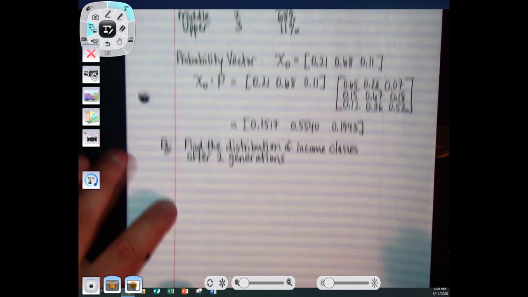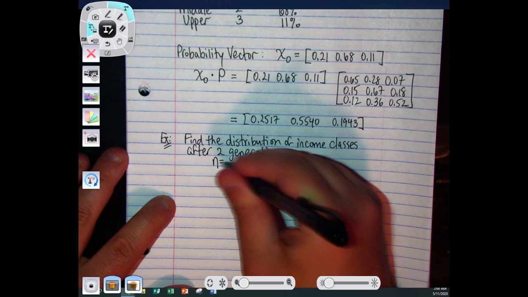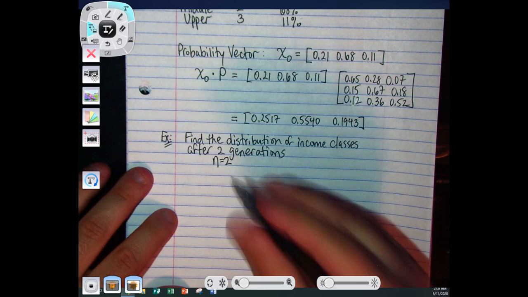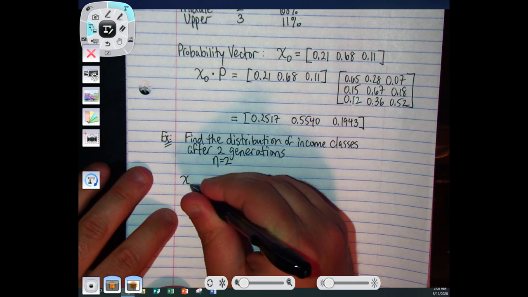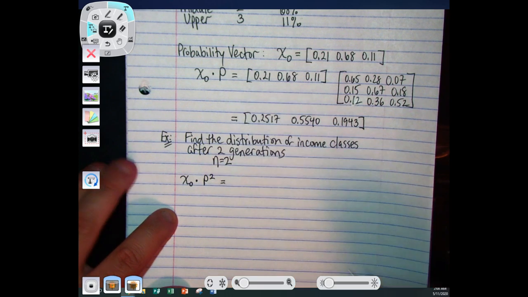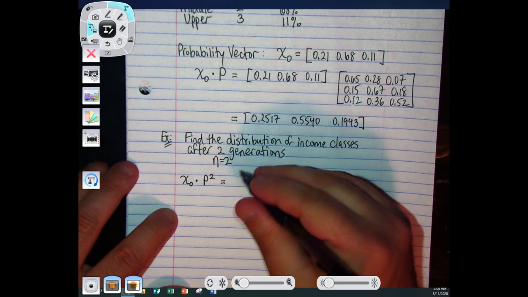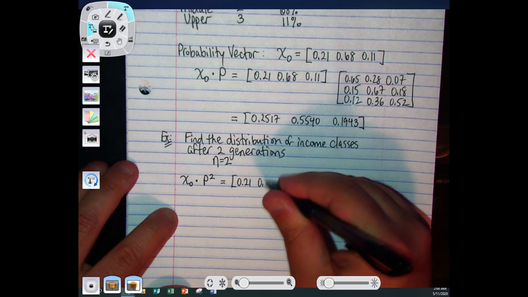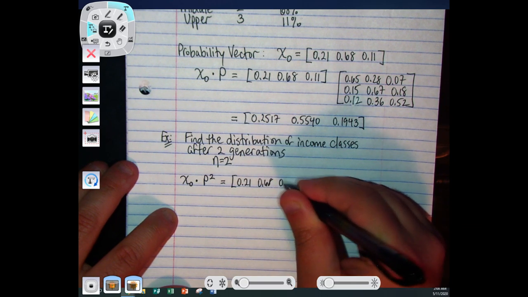This time they want us to use n equals 2. So in this case, we would use x of 0 times P squared. Again, keep in mind that our probability vector was 0.21, 0.68, and 0.11.